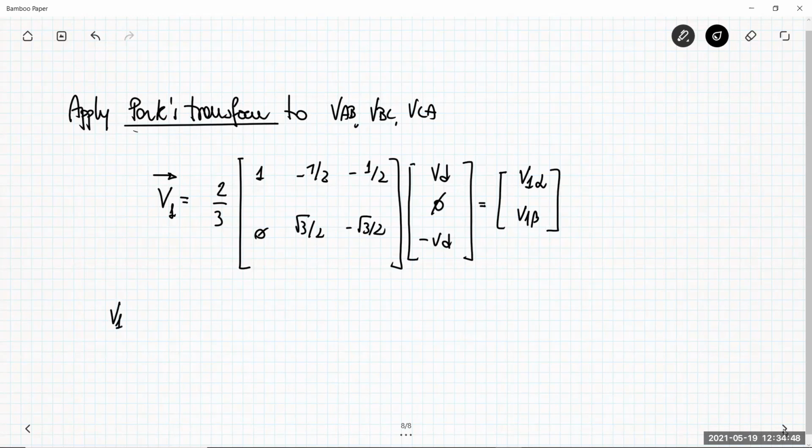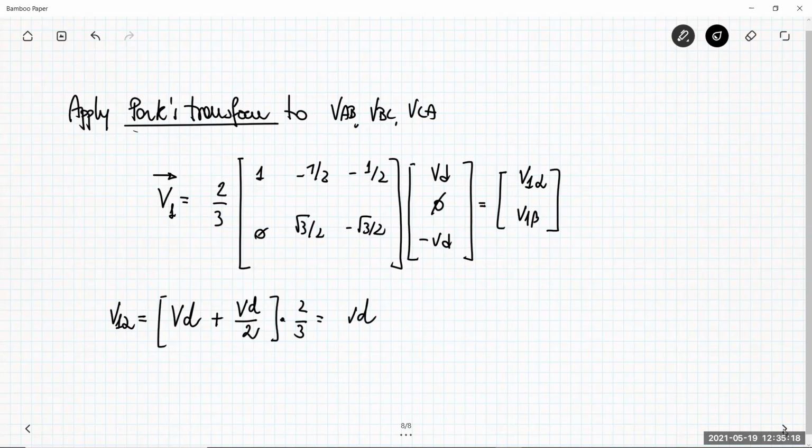We can say V1 alpha, the direct component of the space vector, is VD minus 1/2 VD, multiplied by 2 divided by 3, which is the constant.